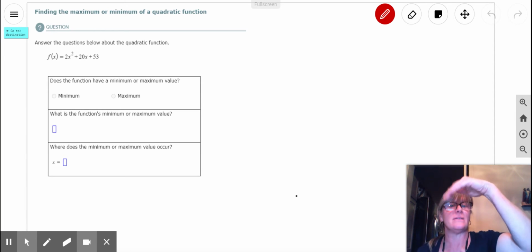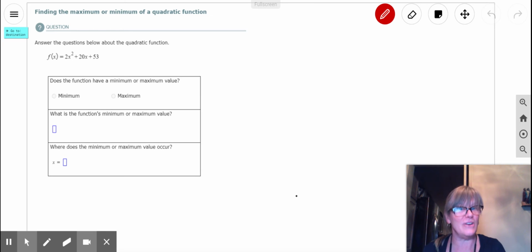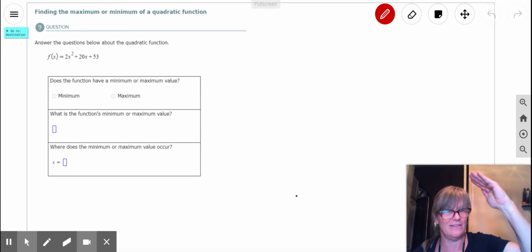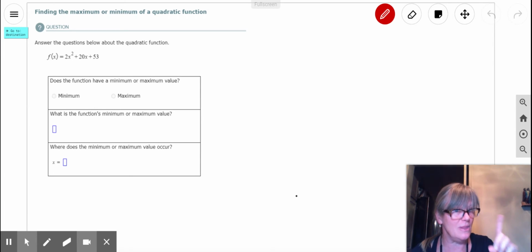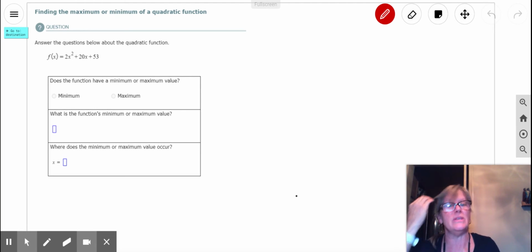We're going to be talking about maxes and mins and figuring out how to find them. They're always going to happen at the vertex, so the vertex, especially the y value of the vertex, is going to be very important. And domain.